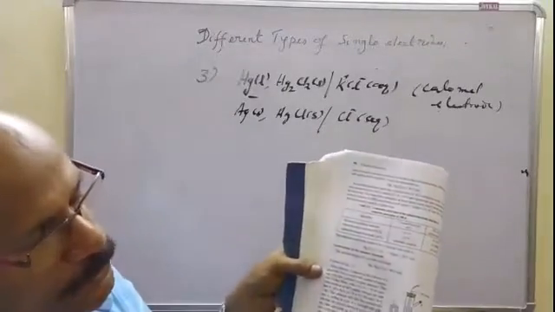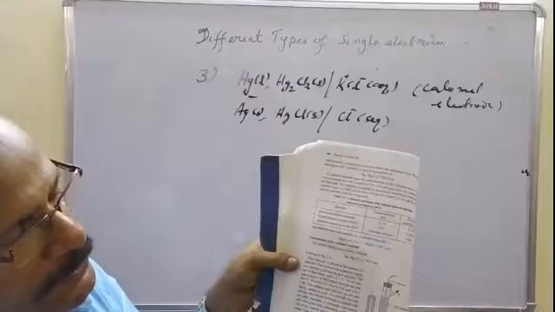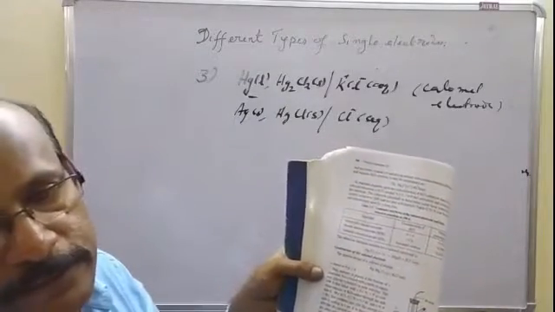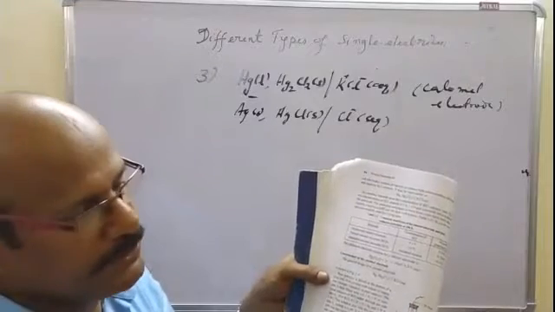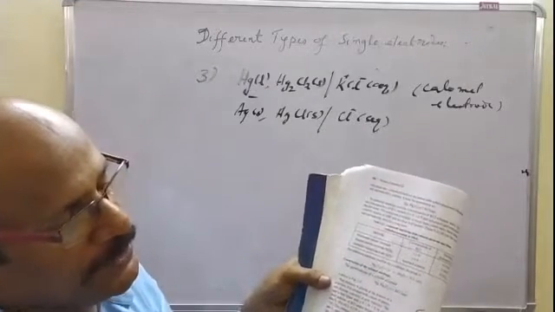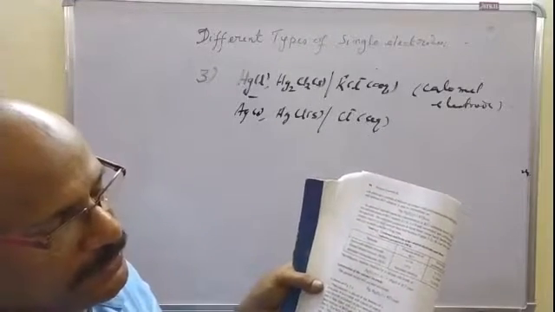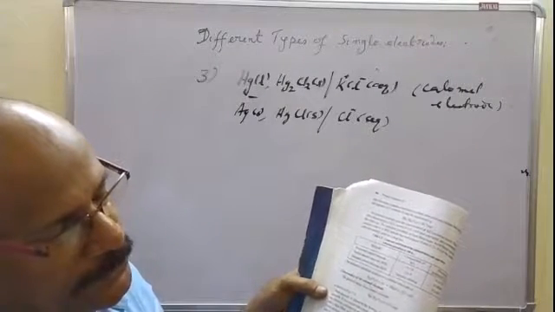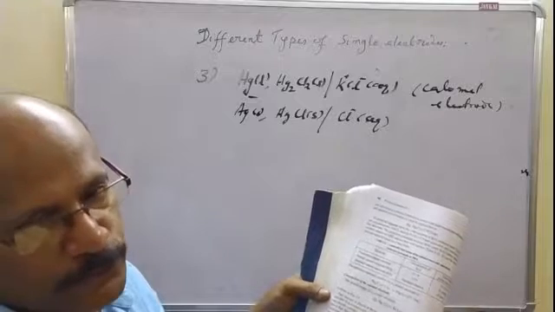First it consists of liquid mercury, above which there is a paste of mercurous chloride, or calomel, and above which there is a saturated solution of KCl. The KCl solution is introduced through the side arm of the tube.